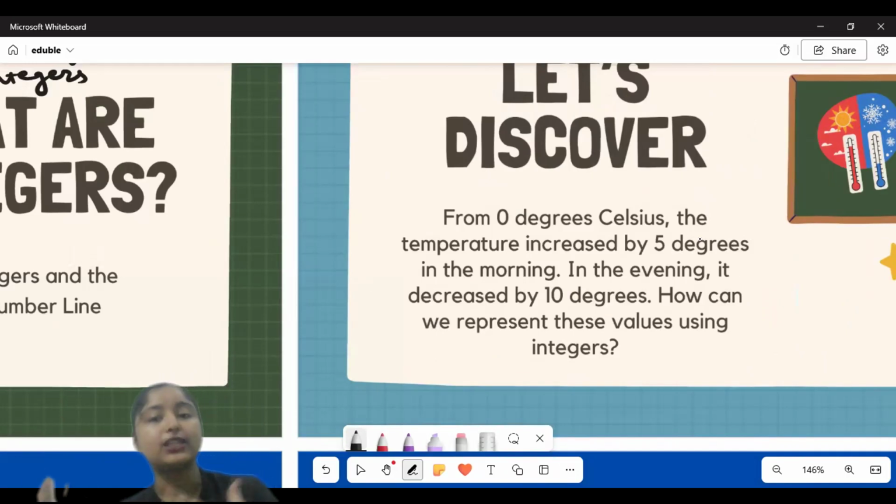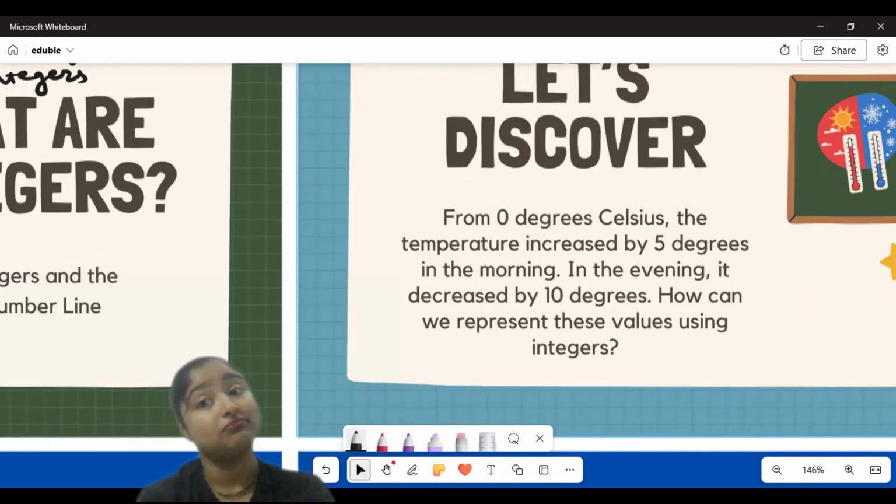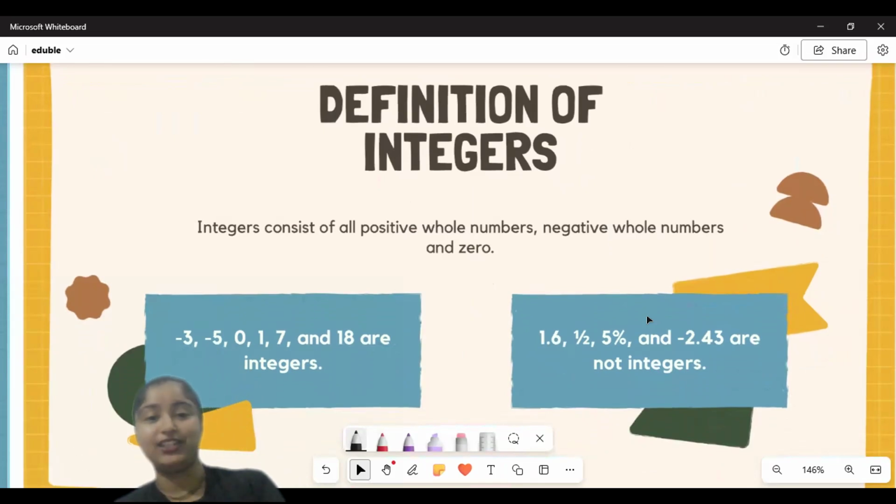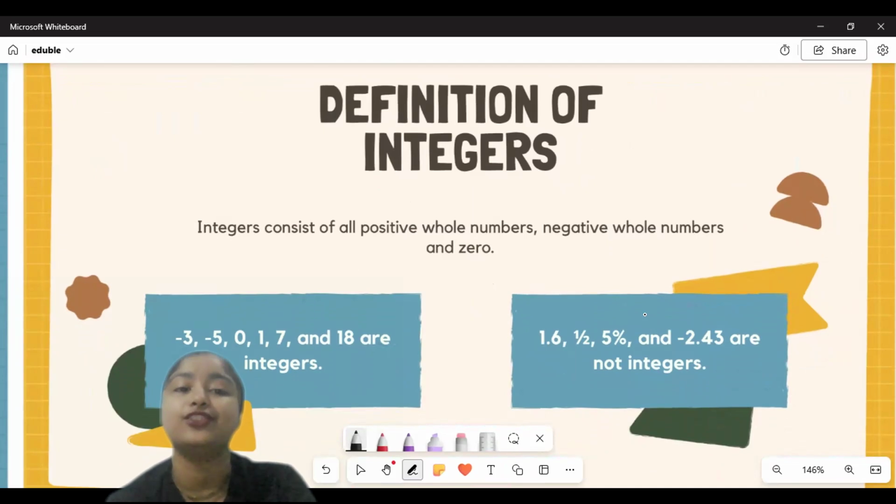How can we represent these values using integers? See, these are things that go up or down sometimes. How are we going to represent that? As you have guessed, we can represent it with the help of integers, right? Now, let's see the definition of integers.